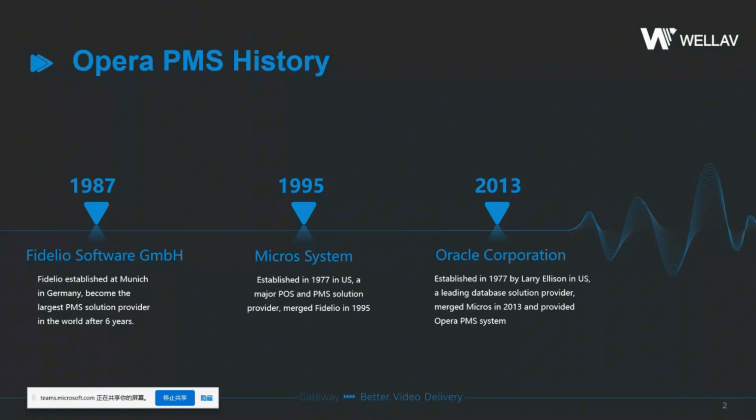In 1995, another company called Micros merged with Fidelio. This company was established in 1977 in the US and was a major point of sales and property management system solution provider.